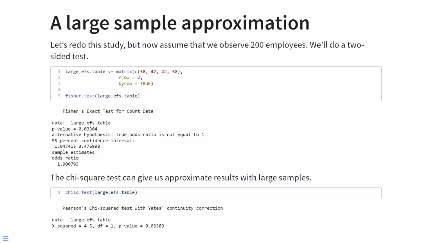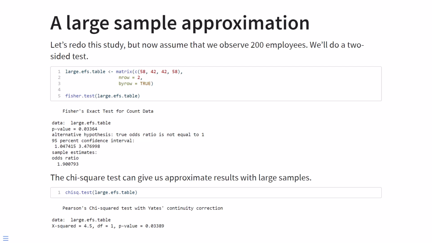When we run the exact test, we get a p-value of 0.03364. Note that if I use the chi-square test with the exact same table, I get a very close result, 0.03389. That is, the chi-square test is a large sample approximation for Fisher's exact test.